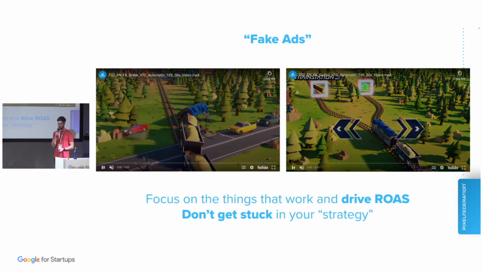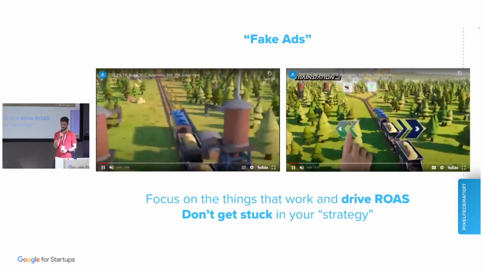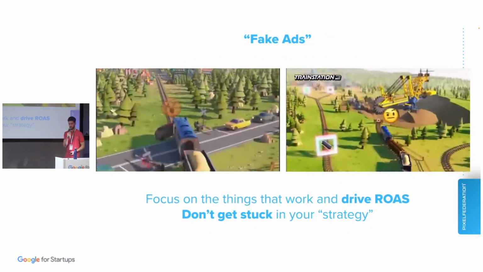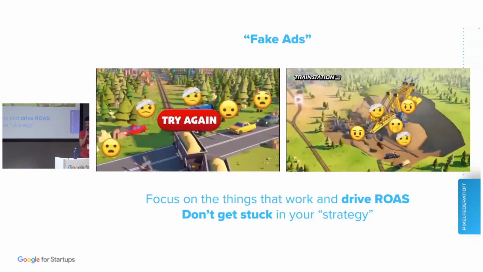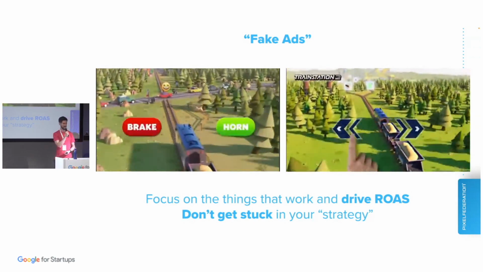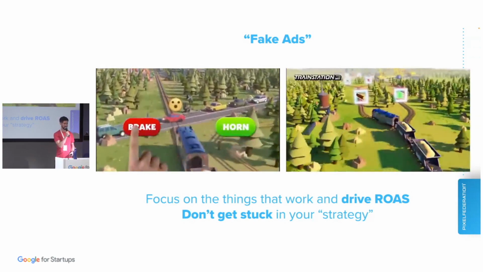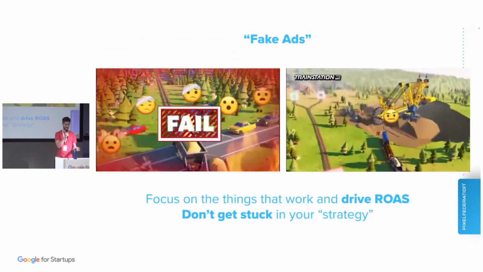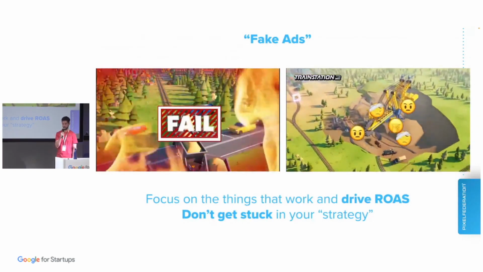And then fake ads. PlayStation 2 isn't about this, obviously, but these are a couple of new creatives that our creative team prepared last month. I don't know the results yet, so I can't say if it's good or bad. But for other projects, they worked really, really well.